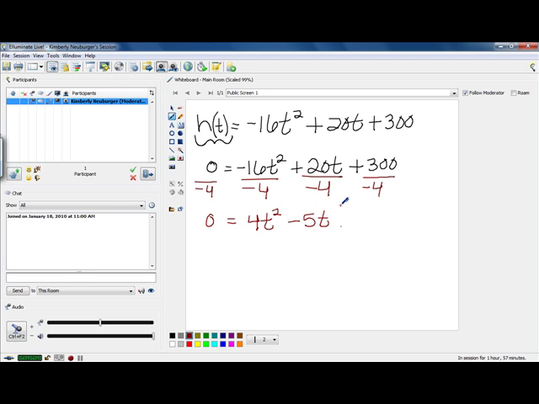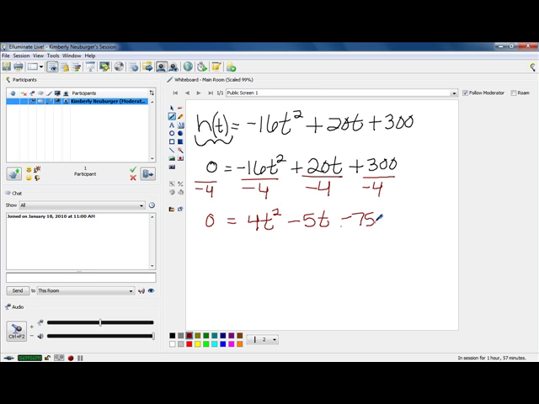And 300 divided by -4, one way to do this in your head is that 100 goes into 300 3 times, and 4 goes into 100 25 times. 25 times 3 gives you 75, so this is -75. So that's one little trick there for calculating those without grabbing a calculator, which many of you might have been doing. So now I have much simpler numbers to deal with.